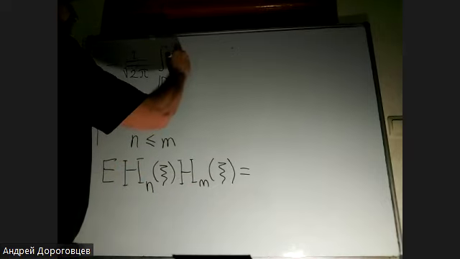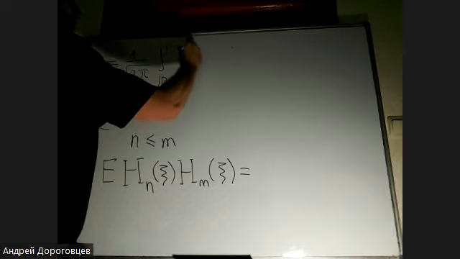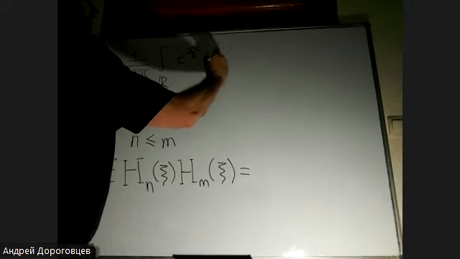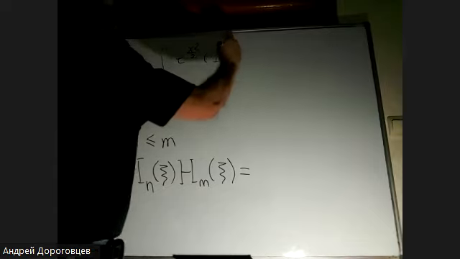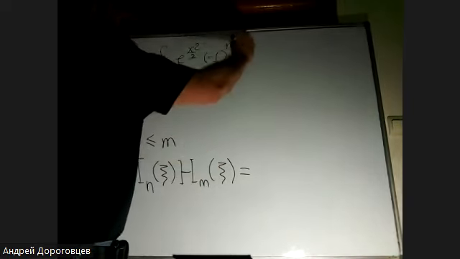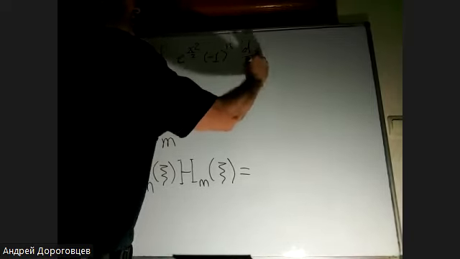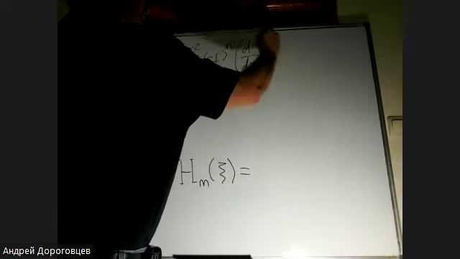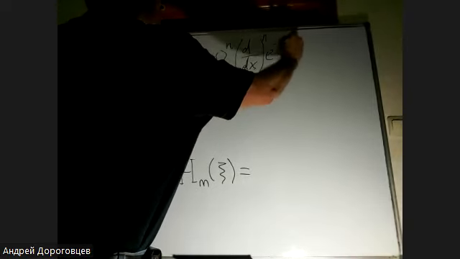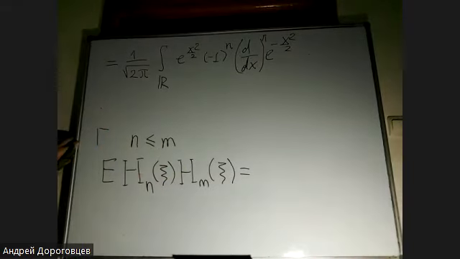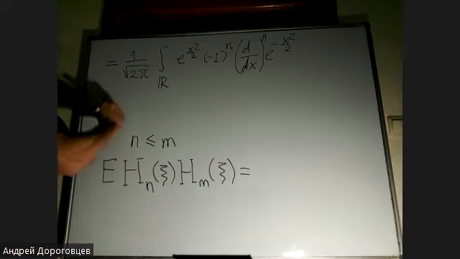So we will get minus 1 to the power n, e to the x squared over 2, d/dx to the n of e to the minus x squared over 2, multiplied by the same expression for H_m.